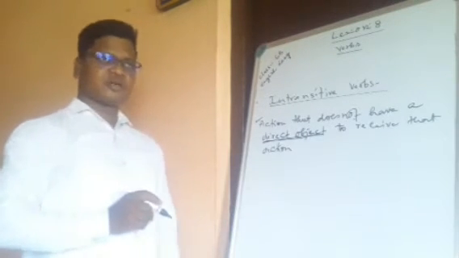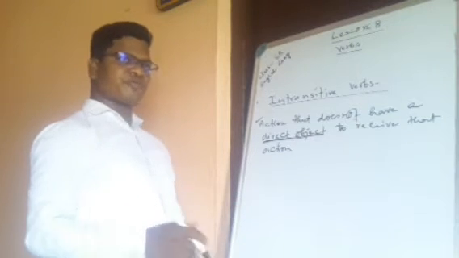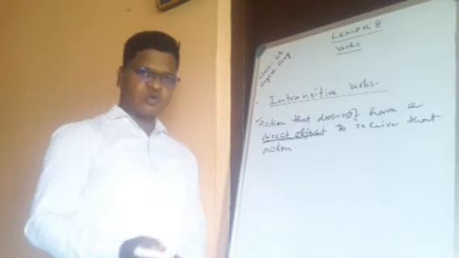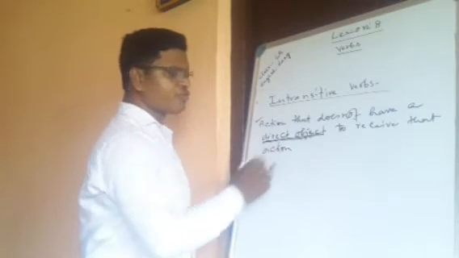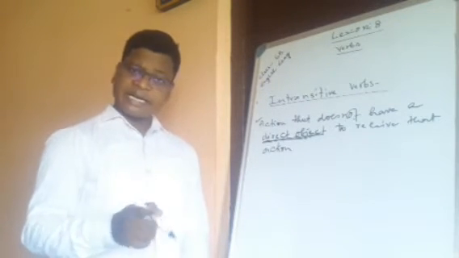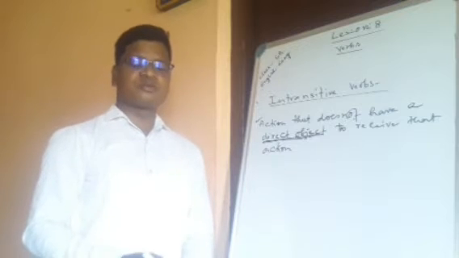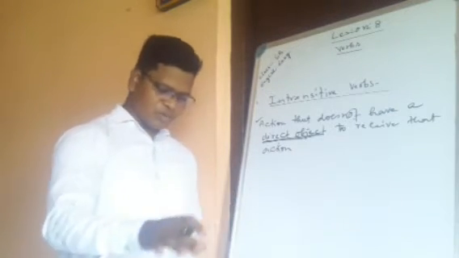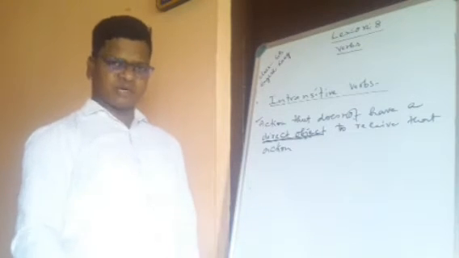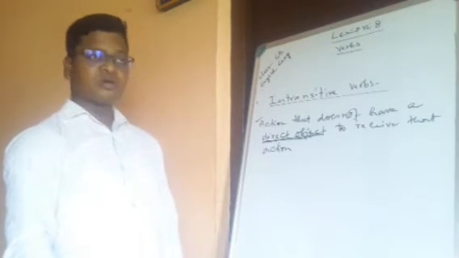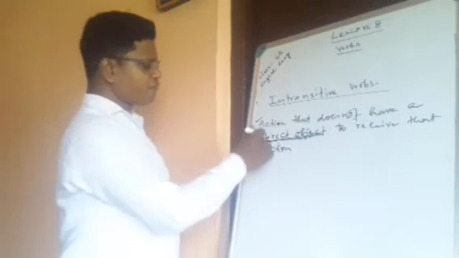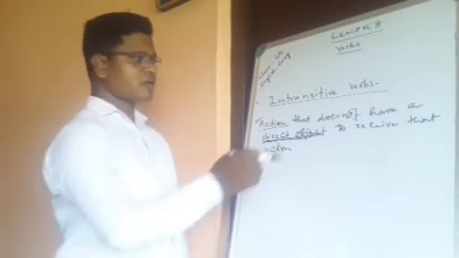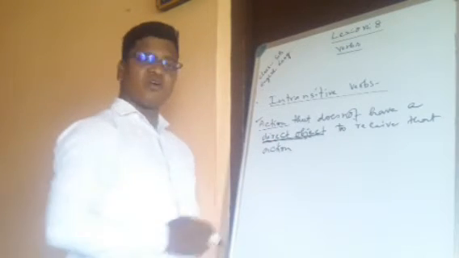direct object. The other sentence also, when I was writing here, you might have all noticed that it requires a direct object, not an indirect object. Otherwise, you are going to make a mistake. There can be sentences that we are going to come across very soon where there will be an object, but we have to see whether those objects are direct or indirect.